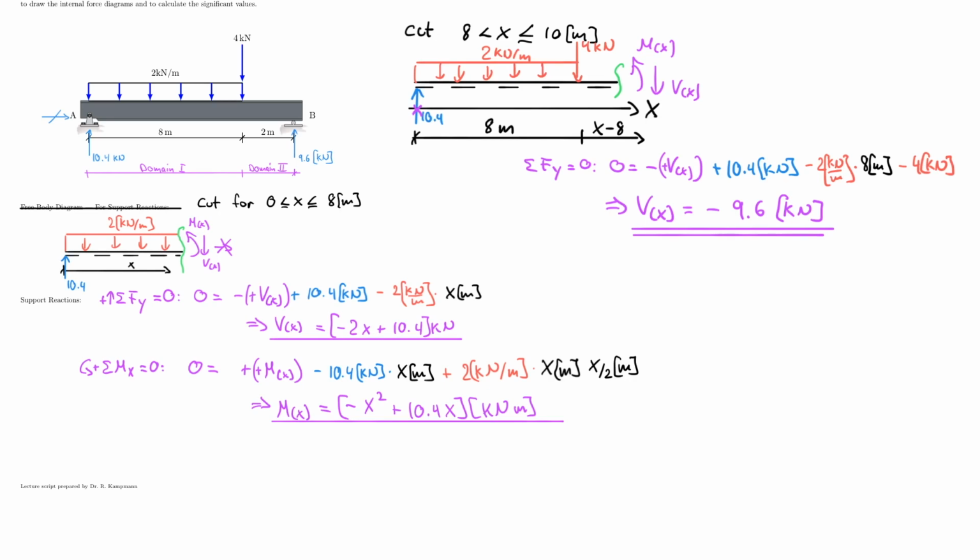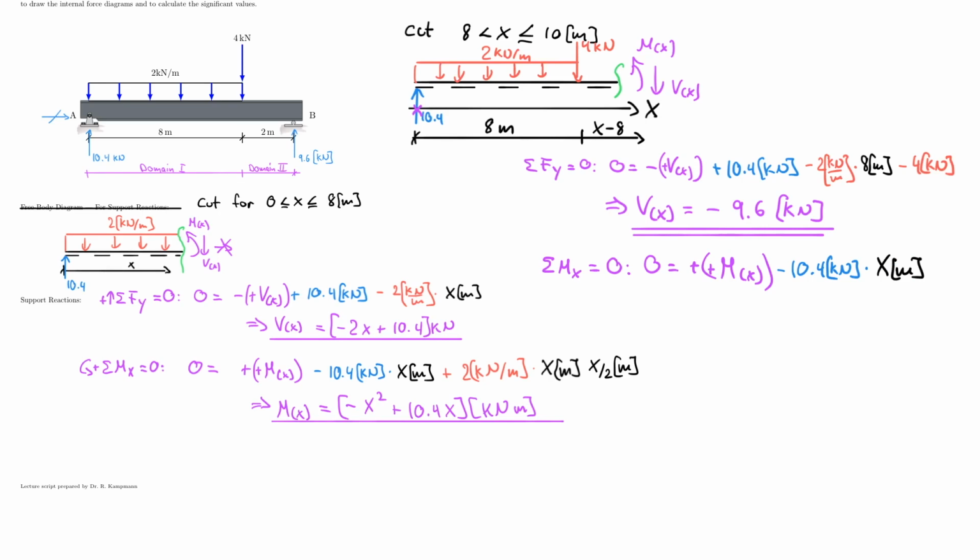Let's do the very same thing for the moment, which becomes a little bit more interesting. So for the moment, I say that the sum of the moment about point x is equal to 0. And 0 is equal to positive defined m of x minus 10.4 kilonewton multiplied by x meters.